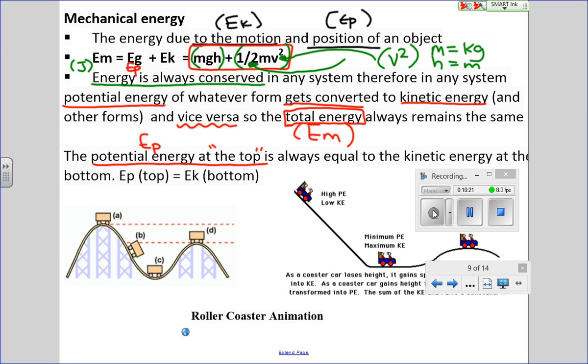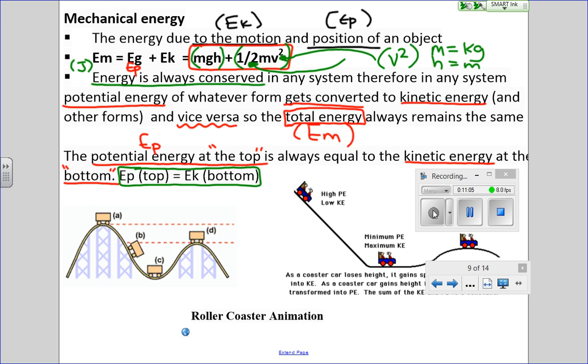Whatever its potential energy is there should equal the kinetic energy at the bottom, and here bottom means right as we're getting towards the surface of the Earth, because that's how we calculate potential energy. So what I've written here isn't necessarily a formula, it's an idea. It's something that you can use because you know the formula for potential and kinetic energy to help you calculate answers. The idea is that EP at the top is equal to EK at the bottom.